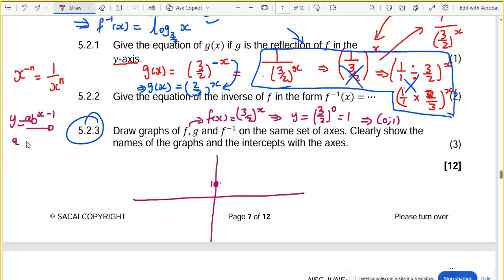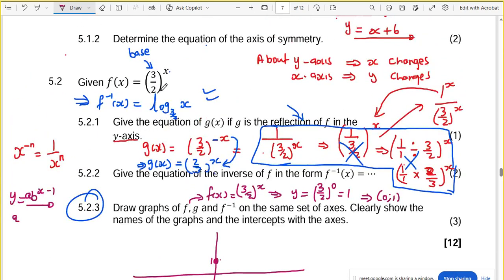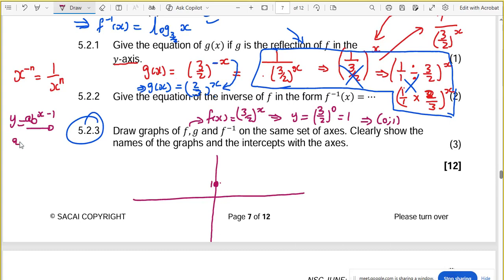Can you please tell me on your calculator what is 3 over 2 equal to? You get 1 point something, right? What is 3 over 2? 1.5, sir. Right. So 1.5 is greater than 1. If your base is greater than 1, the shape of the graph will look like this. And this is your f.